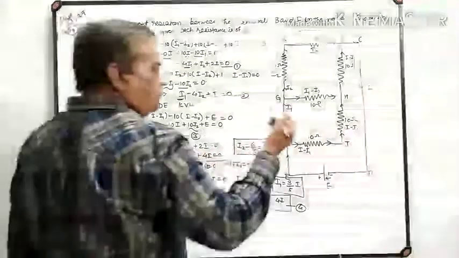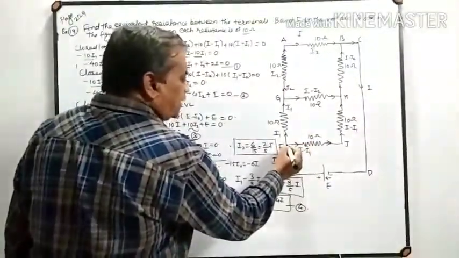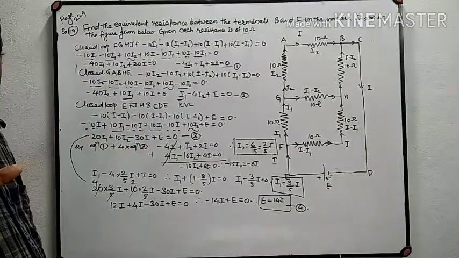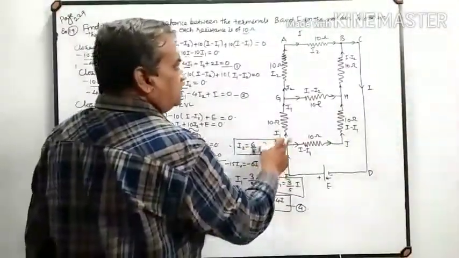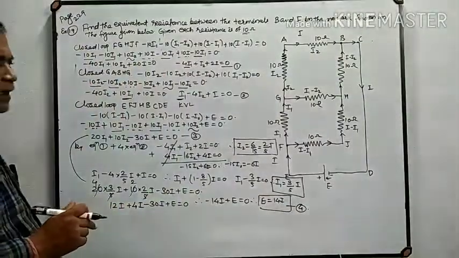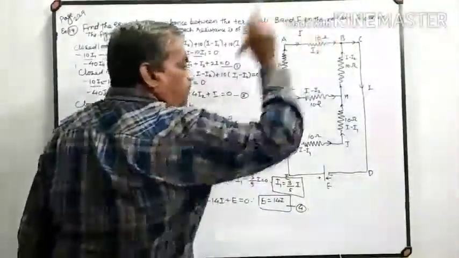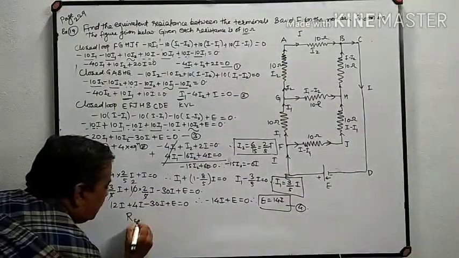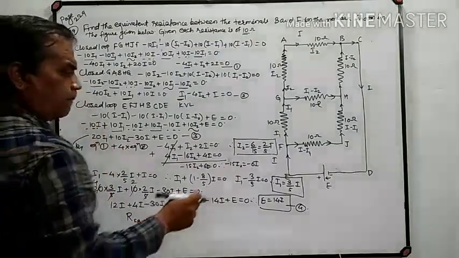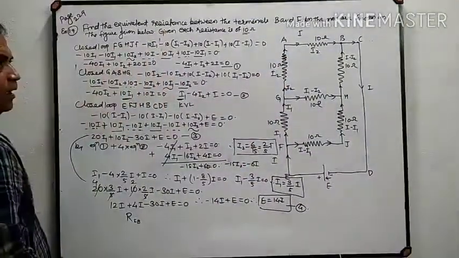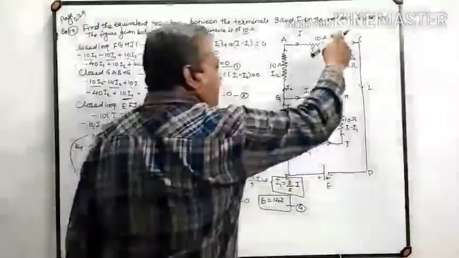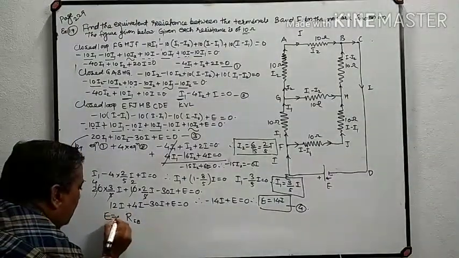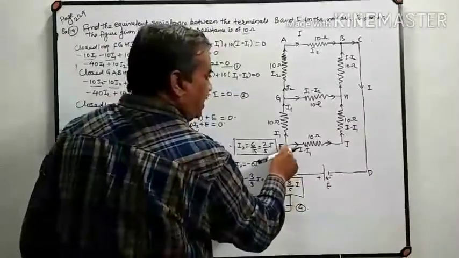Now consider the effective resistance between point F and B as RFB. Across points F and B, we have connected a source of EMF E. So E must be equal to the current flowing between F and B multiplied by the resistance.